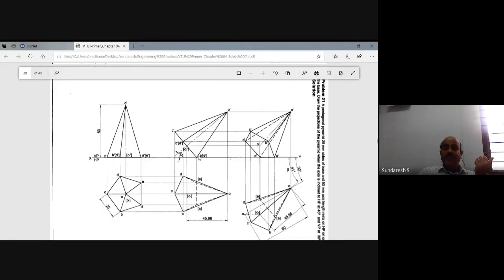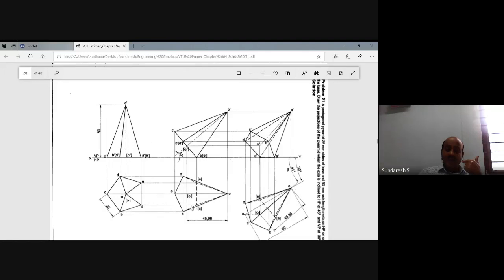Only the edge which is away is A dash, E dash. Am I right? Therefore, A dash and E dash, we have shown as an invisible edge in the form of a thick dashed line. And the edges which arise out of A dash, E dash. The one edge which arises out of A dash is A dash, B dash.